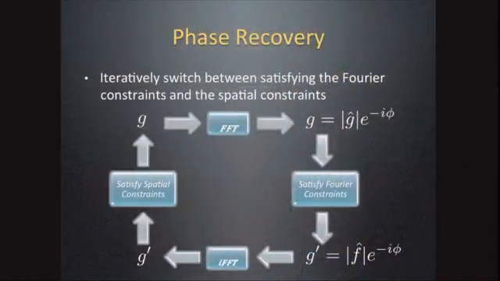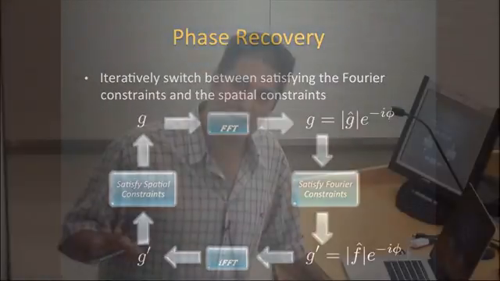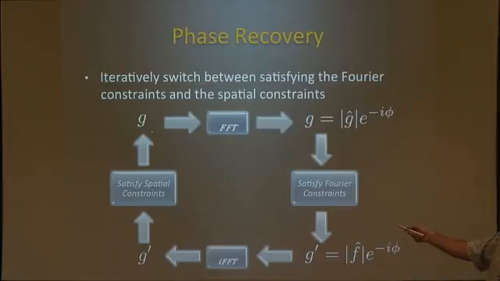The typical phase retrieval that people use is an algorithm from the 70s, Fienup. It does a very simple iteration. We start with some given power spectrum, F, okay? And we start with some initial guess of the kernel in real space. We compute its Fourier transform.